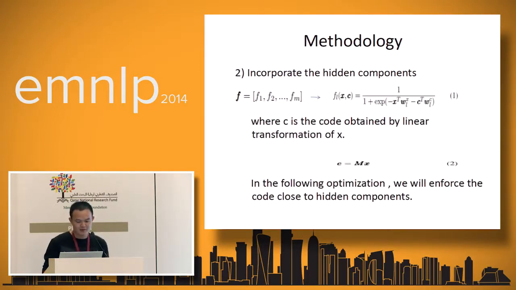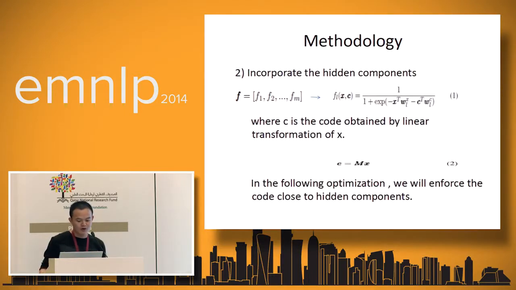Now we use logistic regression to build our model for multi-label text categorization. The prediction function is formulation 1, and C is the code obtained by the linear transformation of X, as shown in formulation 2.